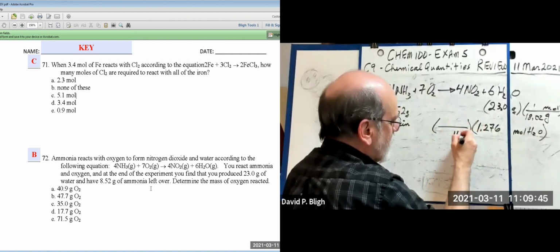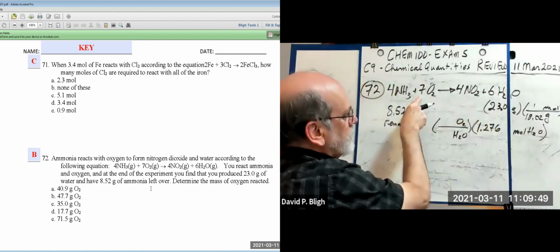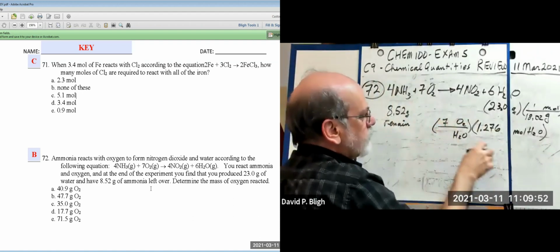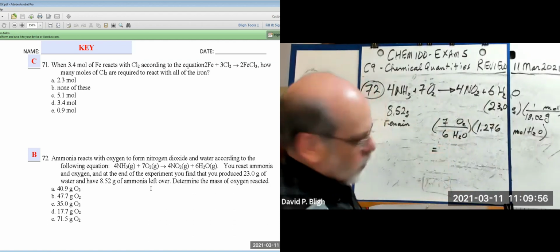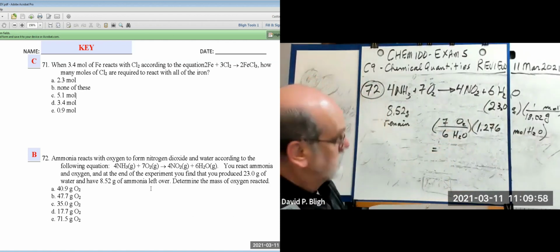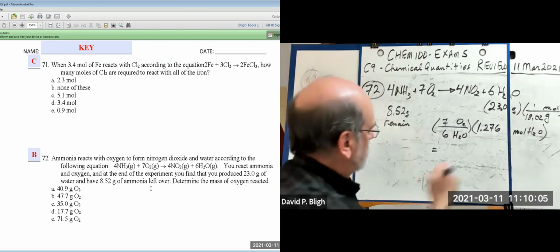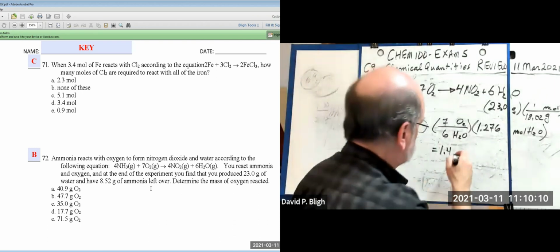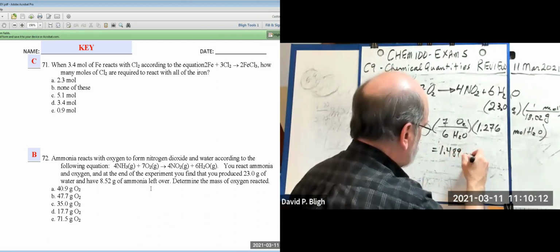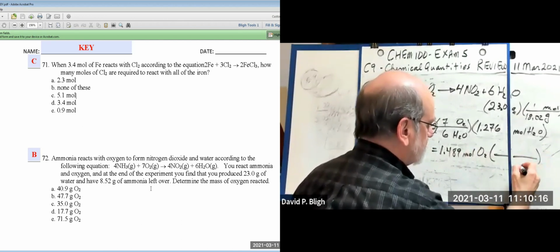We have water on the bottom, oxygen on the top. I'm going backwards. So we have 7 oxygens for every 6 waters. So what is that? 1.489 moles of oxygen. Now we just have to convert to mass.